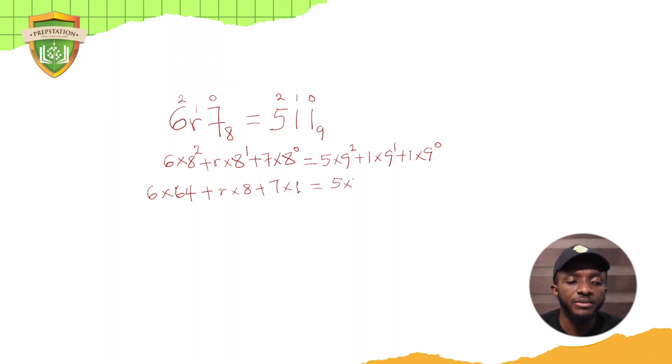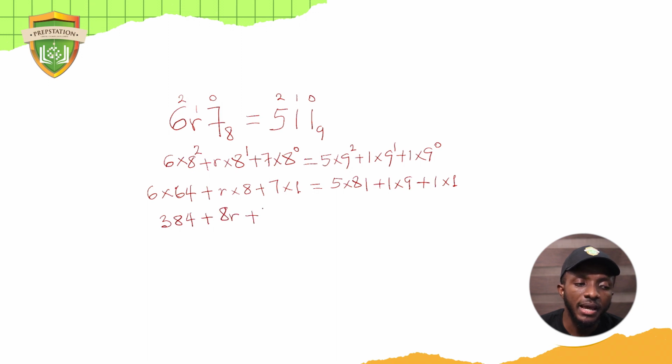This is 5 times 81 plus 1 times 9 plus 1 times 1. Okay, let's go. 6 times 64 is 384. R times 8 is 8R. And 7 times 1 is 7. To give you 405, which is 5 times 81, plus 9, plus 1.